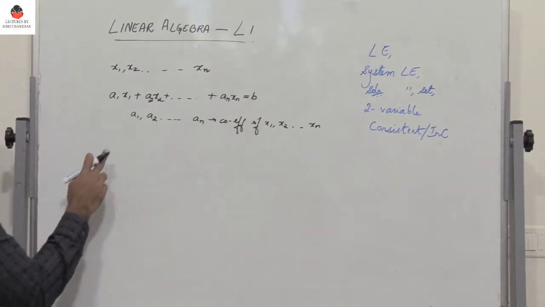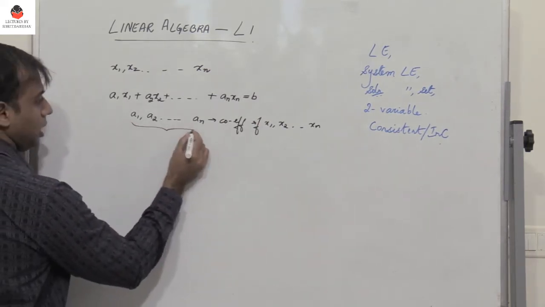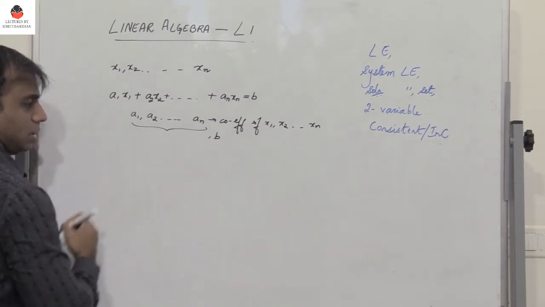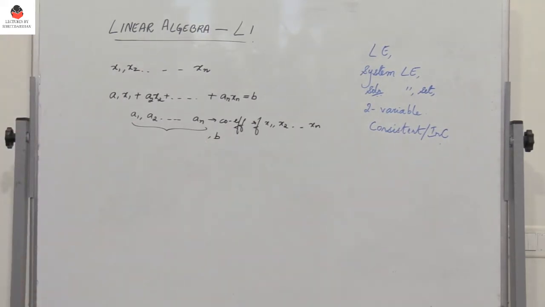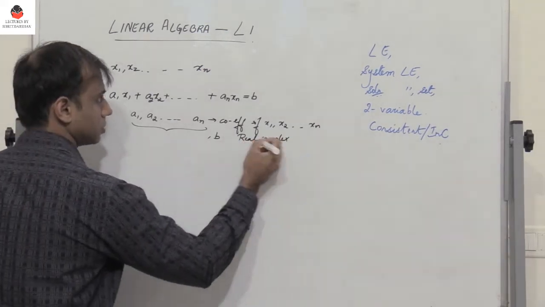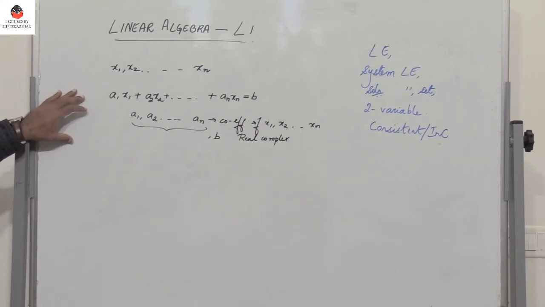And what about these values? The values a1 to an and b are either real or complex.